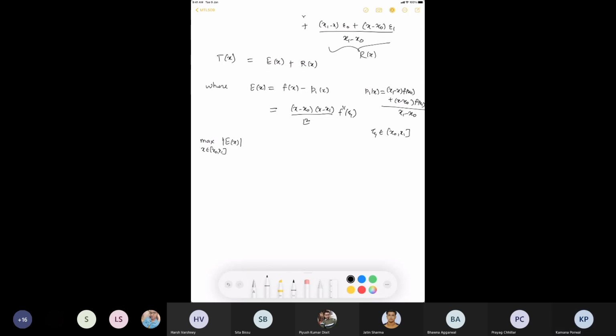You can check that the maximum of (x minus x naught) times (x minus x1) on this interval x naught, x1 will occur at the midpoint.